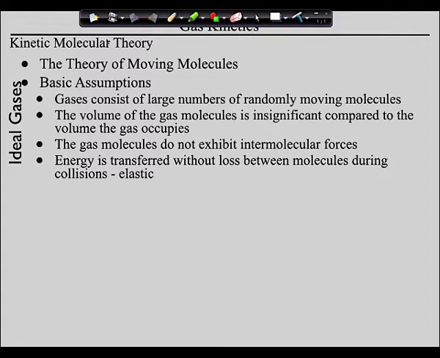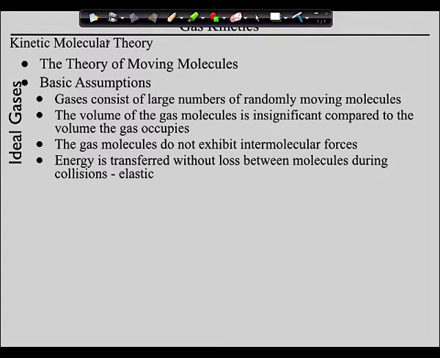Now understand that doesn't mean that when two particles collide, they bounce off with the same speed. One can slow down and one can speed up, but the net energy change is zero. So they don't always have to exchange the same amount of energy, but if you know the energies before and after the collision, they always add up to the same.